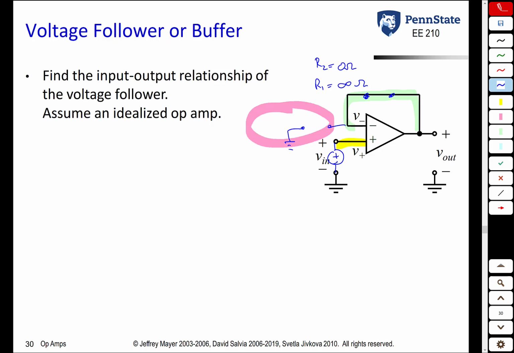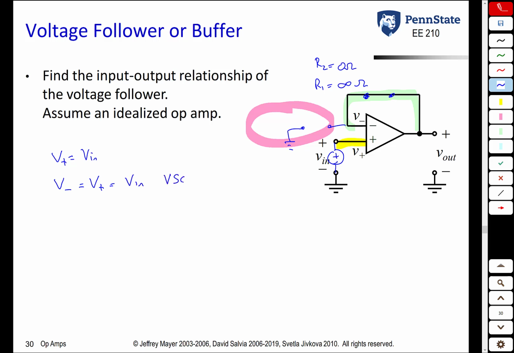Let's see what the output is in this case, and then we'll see why we would want to use this. The way you analyze this is the same way we analyzed the inverting amplifier and the non-inverting amplifier. We start by finding the non-inverting voltage. V plus, because it's connected directly to our input signal, is going to be equal to Vin. Then because of the virtual short circuit approximation, the voltage at the inverting terminal is the same as the voltage at the non-inverting terminal, or Vin.